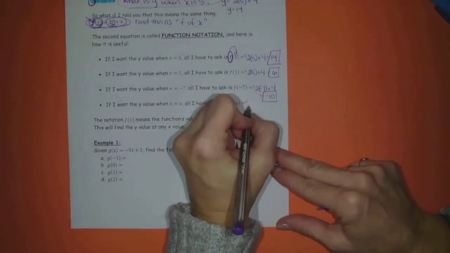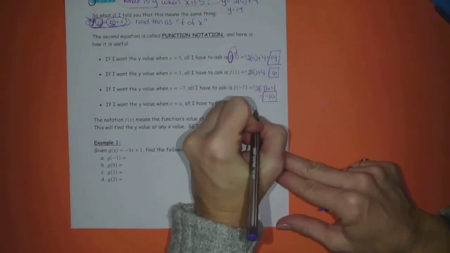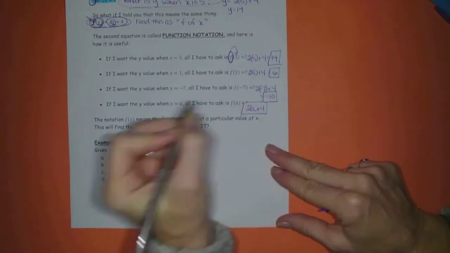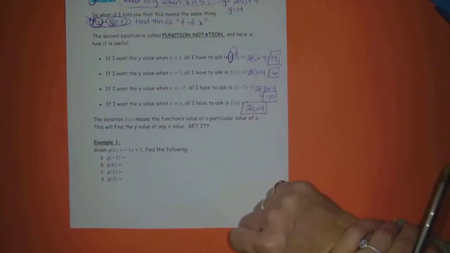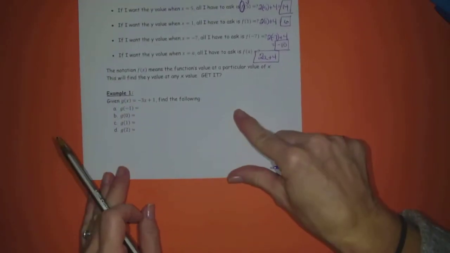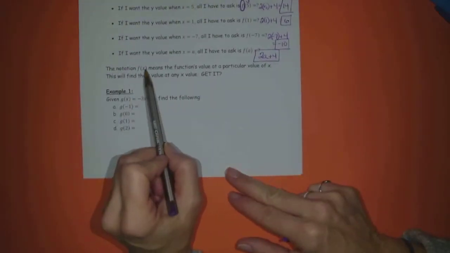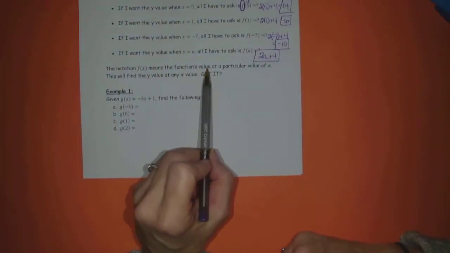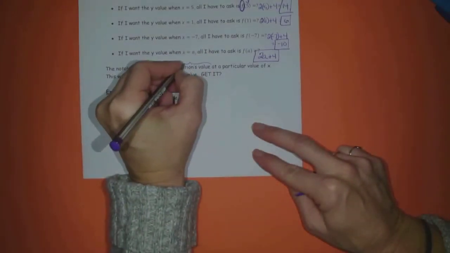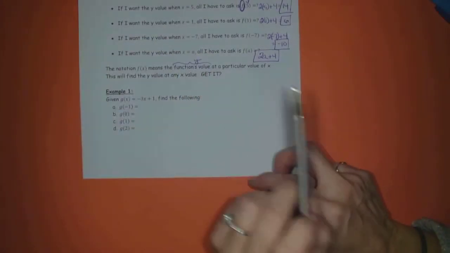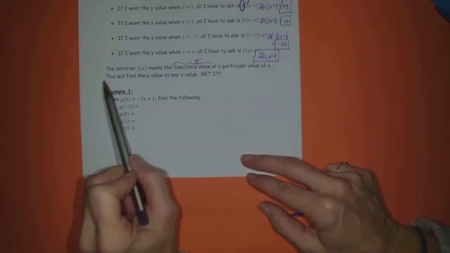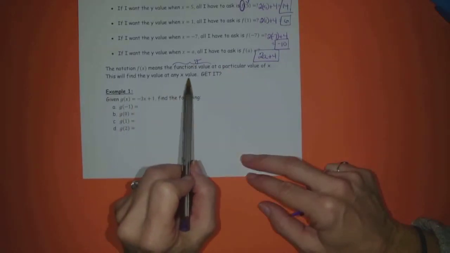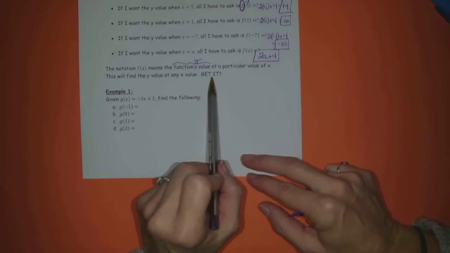So f of a would be 2a plus 4. See how I just substituted the x with an a? Okay, so reading along here, the notation f of x means the function's value, that means the y, the function's value at a particular value of x. This will find the y value at any x value. Get it? I hope you do.